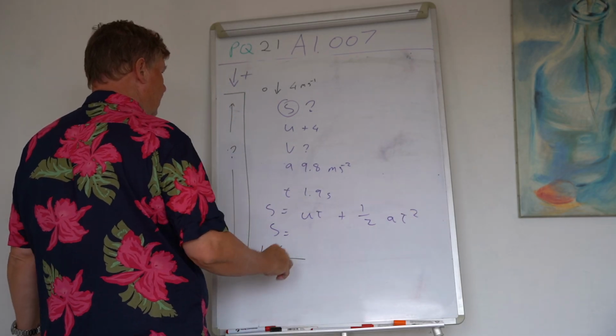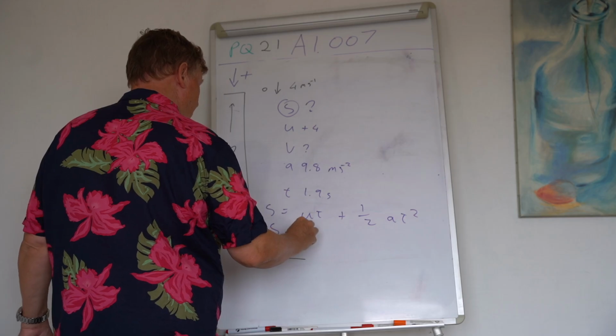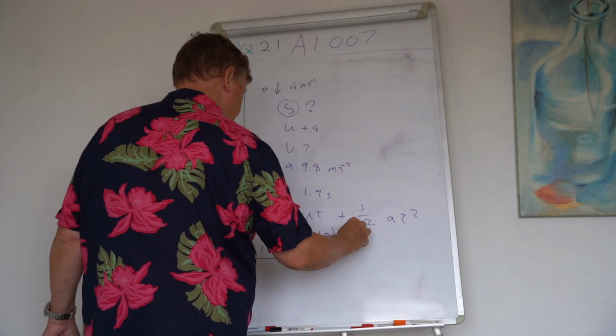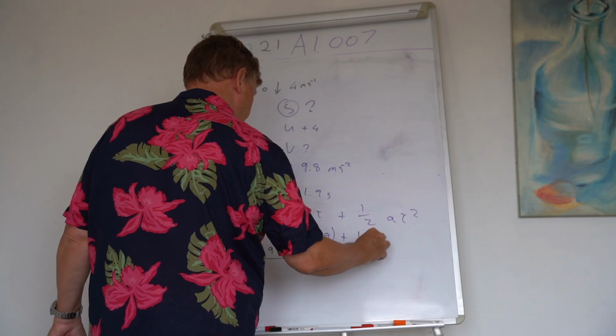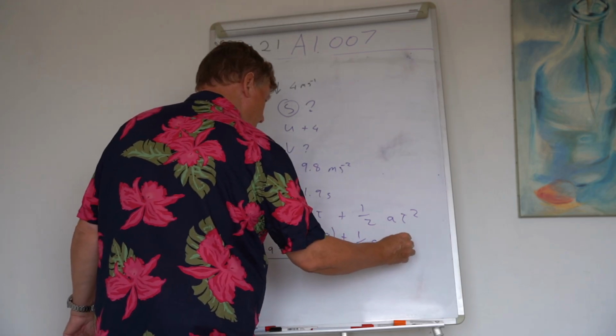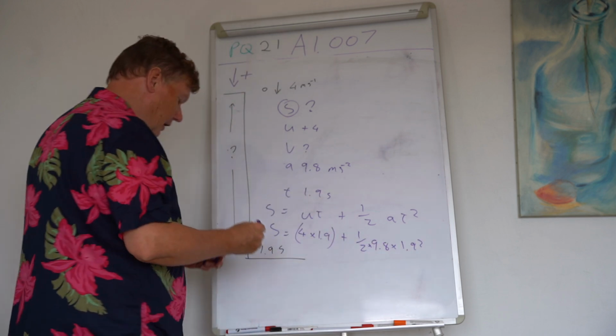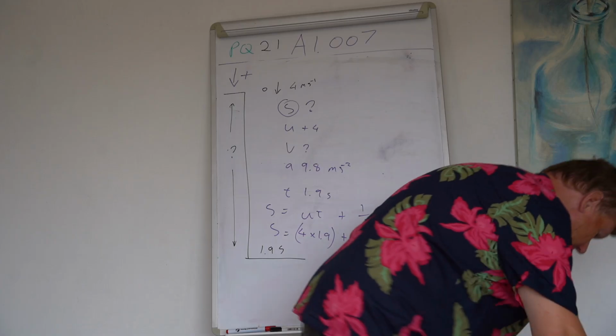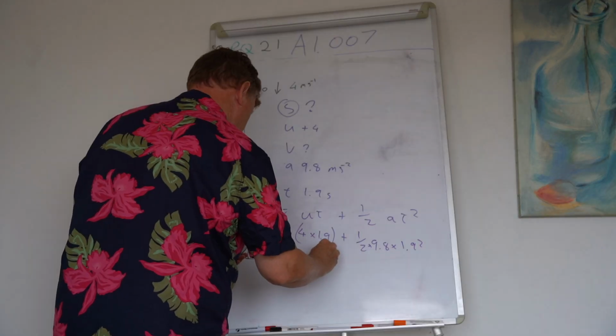S equals 4 times 1.9 plus a half times 9.8 times 1.9 squared. I suggest you chunk it on your calculator, which I'm about to do. That's 7.6.